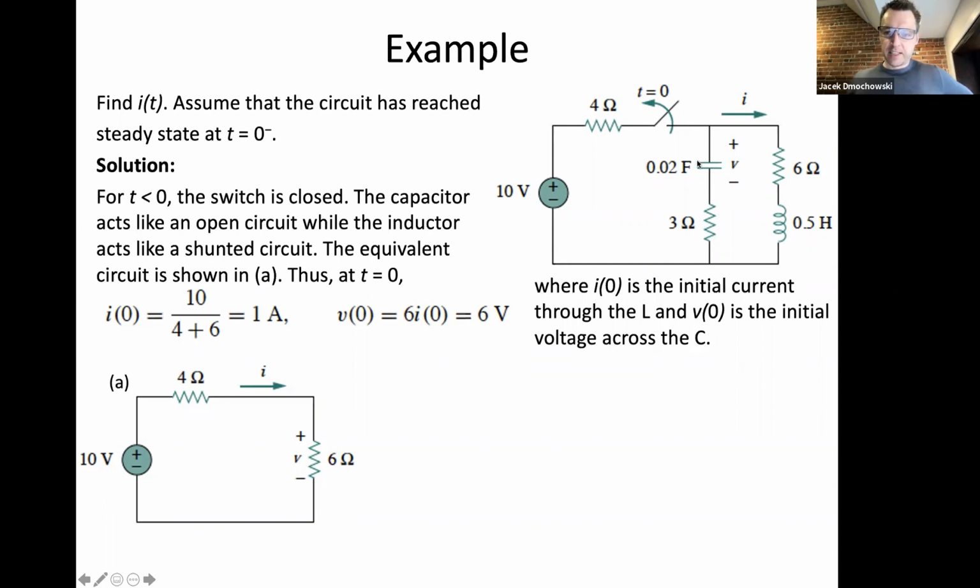And effectively, this V as drawn here becomes the V between this point and this point. And so it extends to the voltage between this point and this point. But this is a short circuit at DC. And so this V is actually the voltage across the 6 ohms when you're looking at time equals 0 minus.